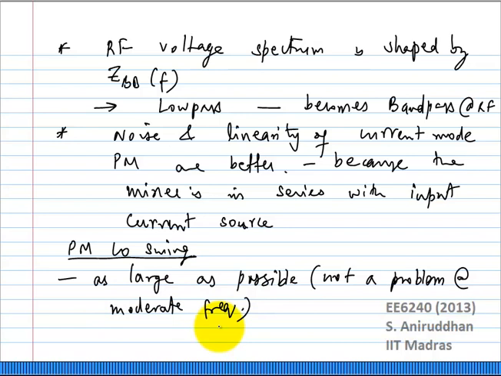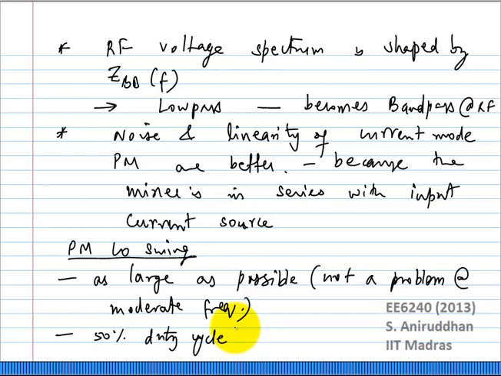Okay, now the problem is, we may say the swing is as large as possible, but does it have to be 50% duty cycle? So far we have assumed that the LO has a 50% duty cycle.